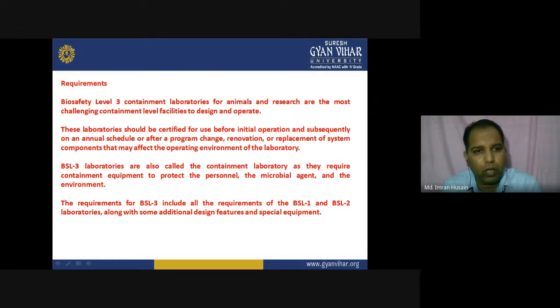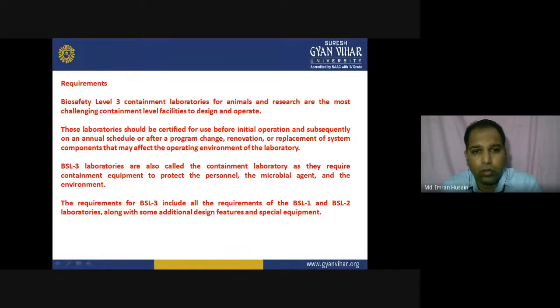So, what are the requirements? Biosafety Level 3 containment laboratories for animal and research are the most challenging containment level facilities to design and operate. They are the most challenging ones.